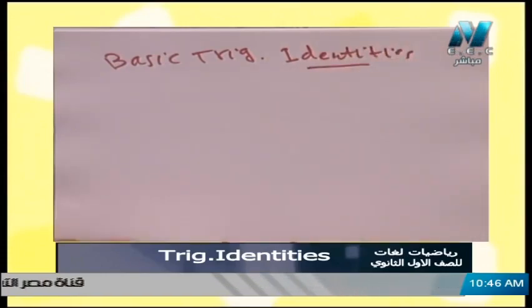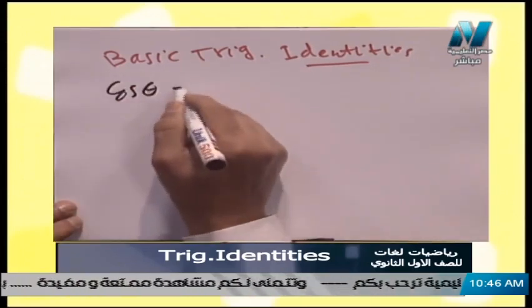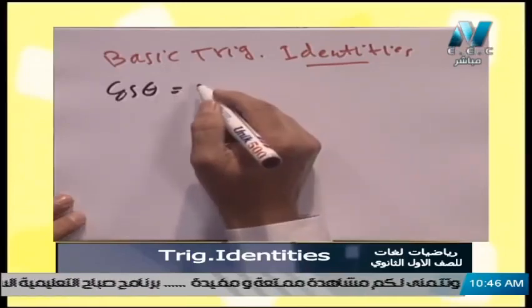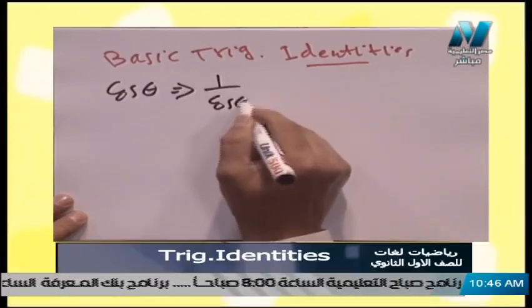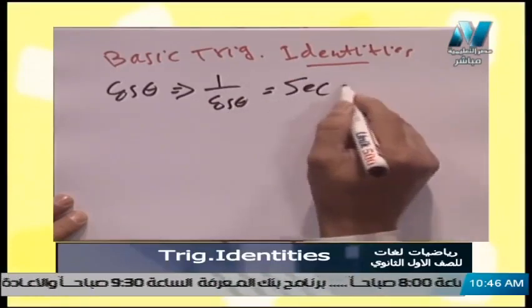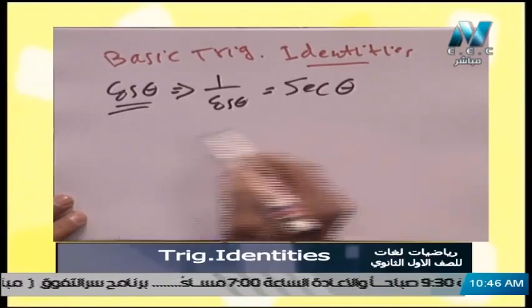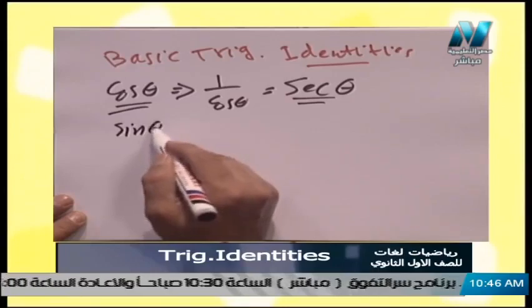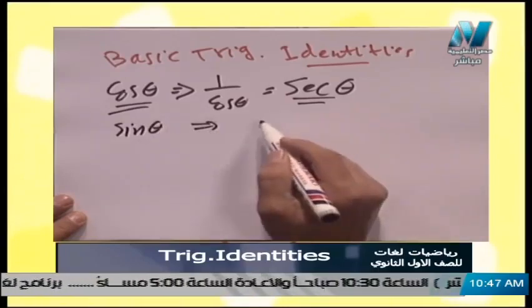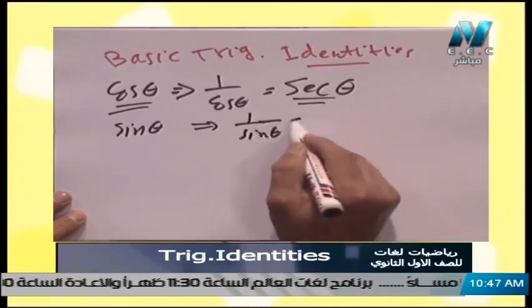Now we know that the reciprocal of cosine theta is 1 over cosine theta, which is sec theta. The reciprocal of sine theta is 1 over sine theta, which is cosec theta.